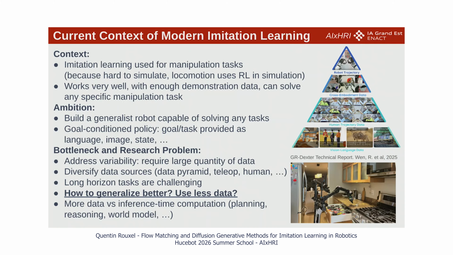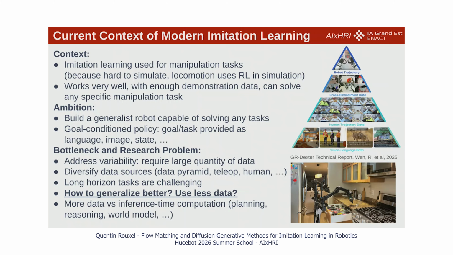And one of the interesting research directions, which I'm not going to go into in detail, is to apply some form of inference time computation. You know that for LLMs, the thing that makes them better is chain of thought. By using reasoning, by using some inference time compute, they were able to perform better. And one of the research lines that is ongoing right now in robotics is doing the same kind of thing, having more reasoning, some kind of planning, and maybe you have heard about world models recently.